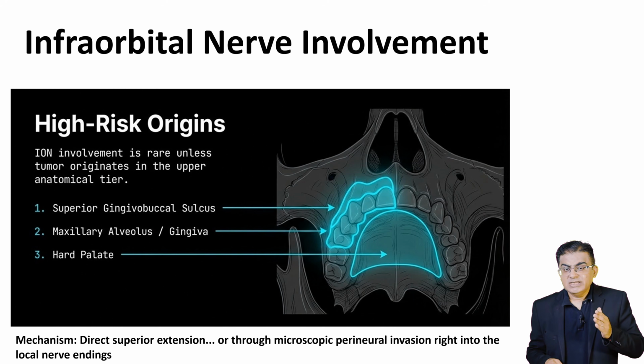I am talking about the superior GB sulcus, the maxillary alveolus, gingiva, or hard palate. Tumors in these specific subsites easily access this nerve either through direct superior extension or through microscopic perineural invasion right into the local nerve endings.